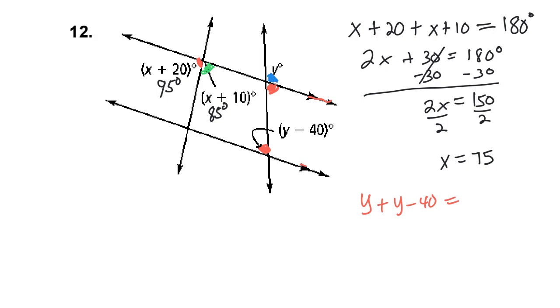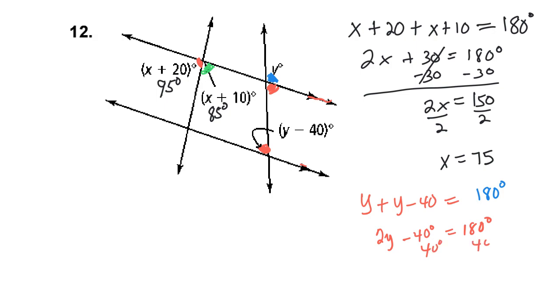The blue angle and the red angle are going to be supplementary. So that's going to equal 180 degrees. So you're going to have 2y minus 40 degrees equals 180 degrees.